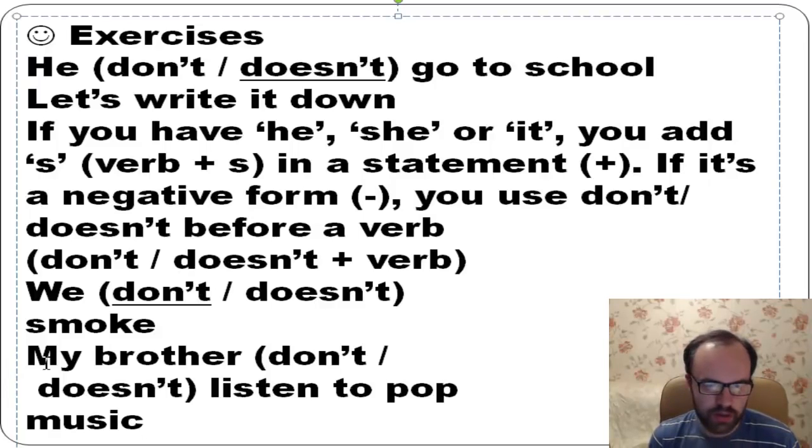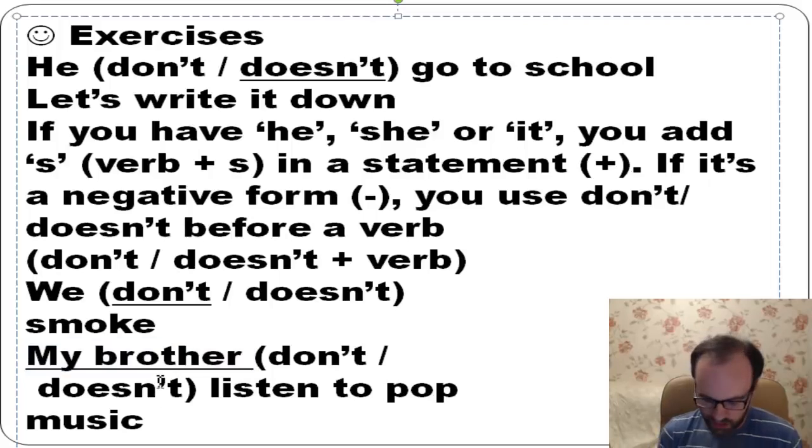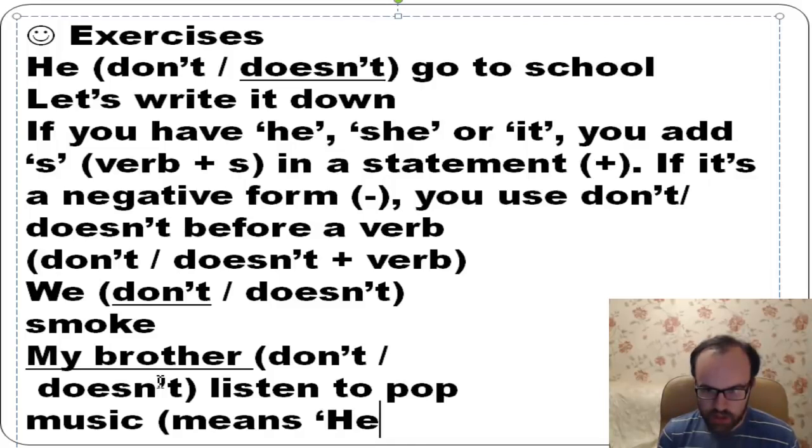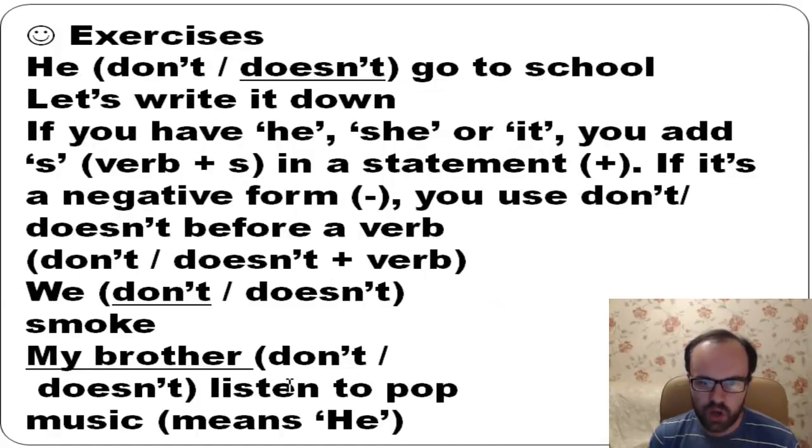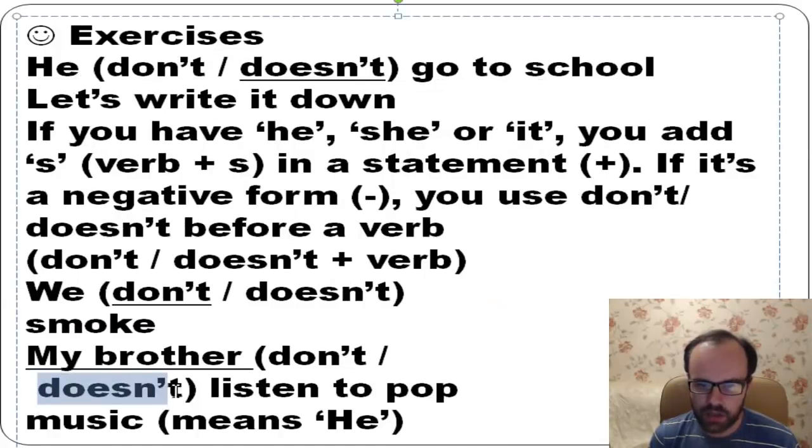So my brother, it's he, she, it. What is it? My brother means he. So he, she, it doesn't. My brother doesn't listen to pop music.